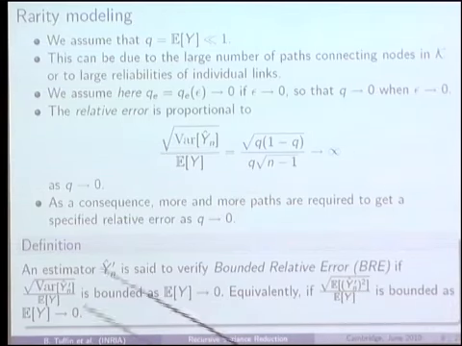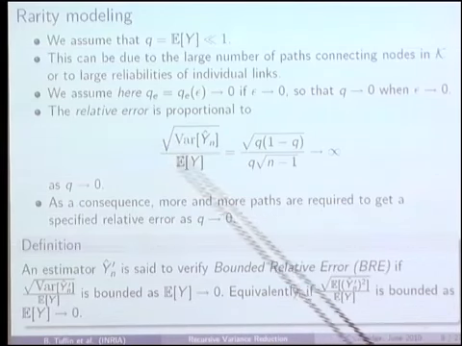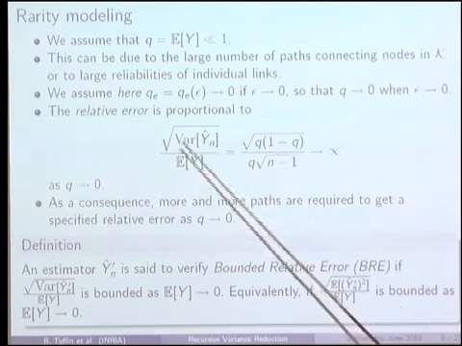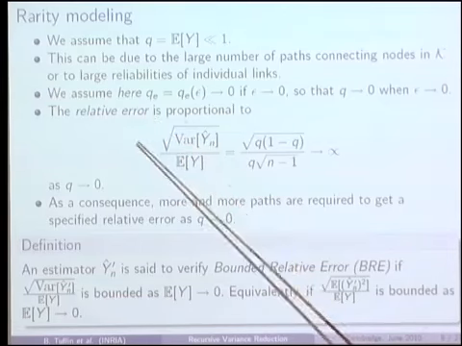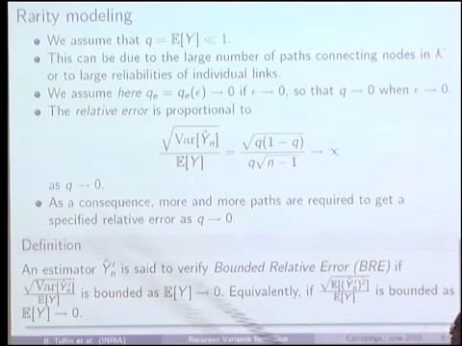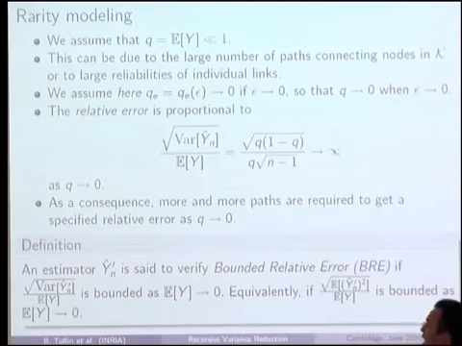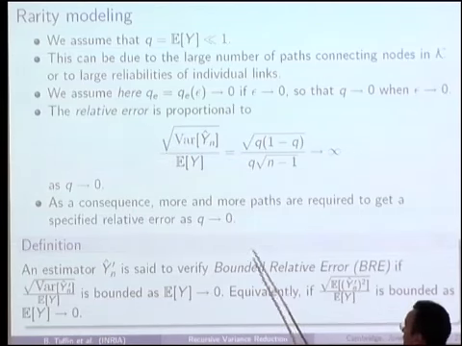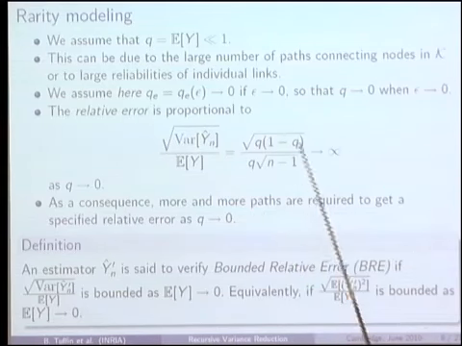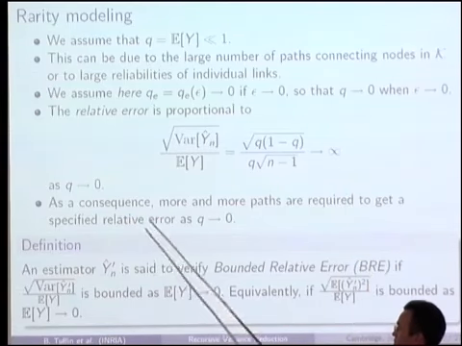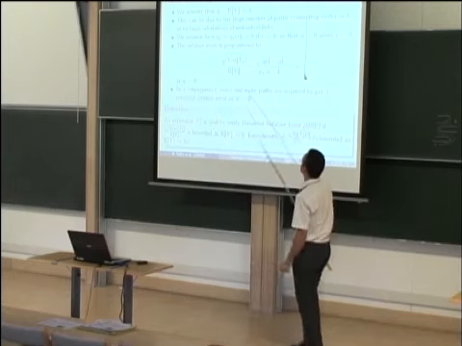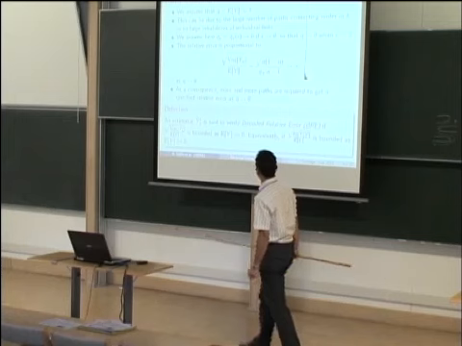And in full generality, a property that is interesting to look at is the bounded relative error property. So what we investigate in this case is the relative error, which is a ratio of the standard deviation divided by the expectation of the value, which is basically the relative half-width of the confidence interval that can be obtained. And for crude Monte Carlo simulation, it is well known that this relative error tends to infinity when the global unreliability goes to 0, which basically means when epsilon tends to 0 in our context.